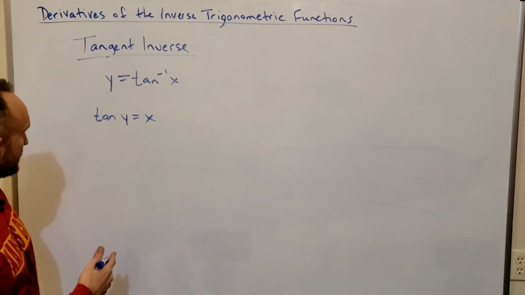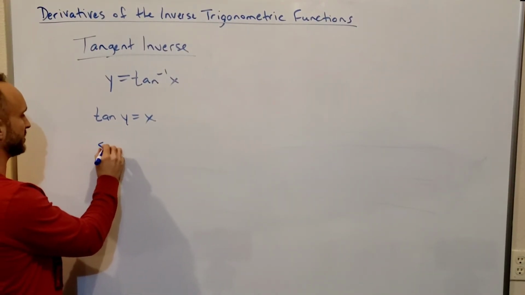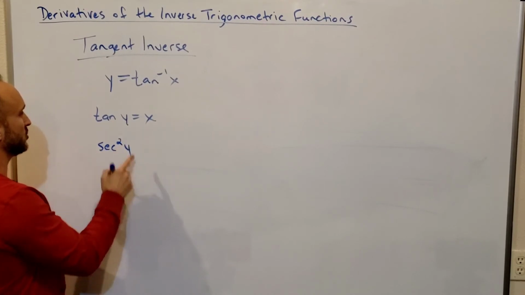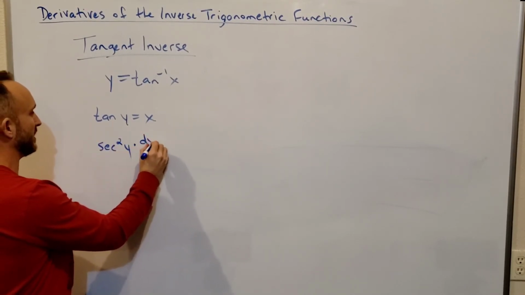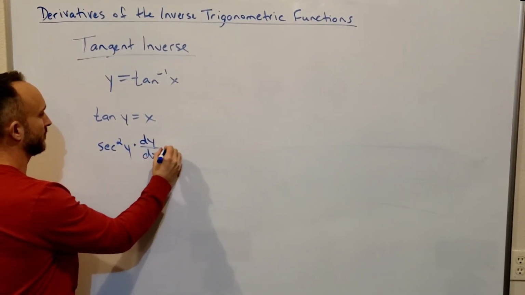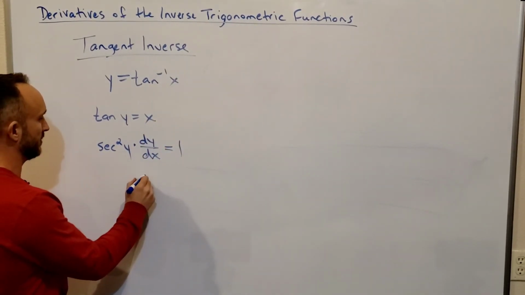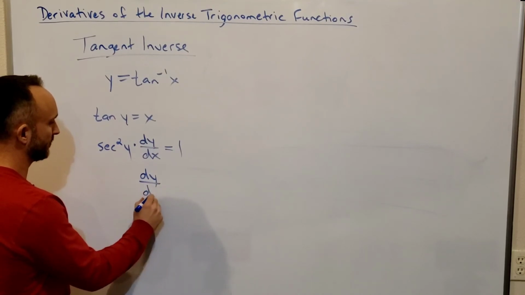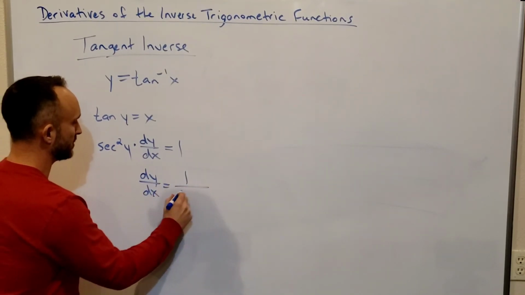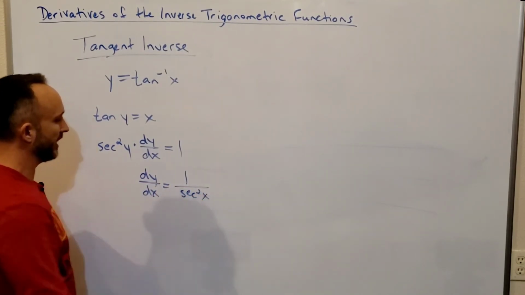Differentiate both sides. The derivative of tangent is secant squared. Chain rule says multiply by dy dx. The derivative of x is 1. Therefore, dy dx equals 1 over secant squared y.